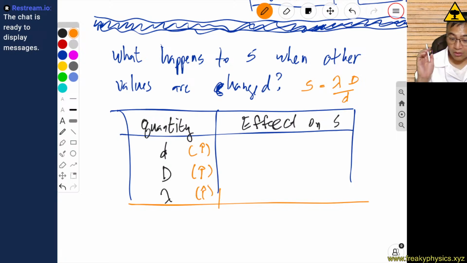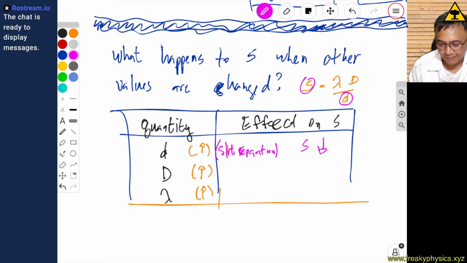You can see on the equation itself that when you increase small d, which is the slit separation, I'm going to use pink, the effect is, if you increase this, S decreases.